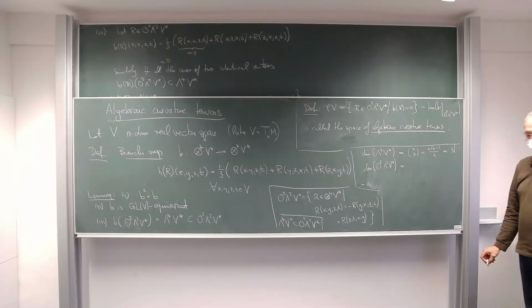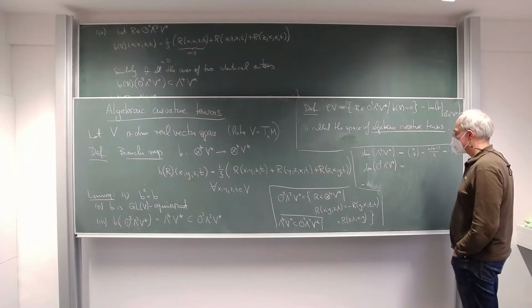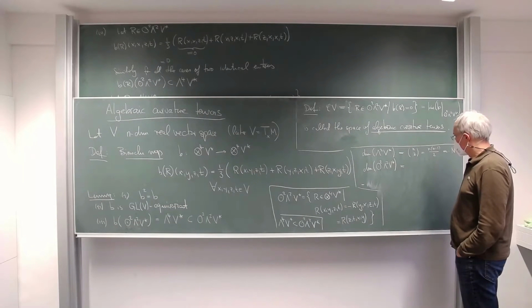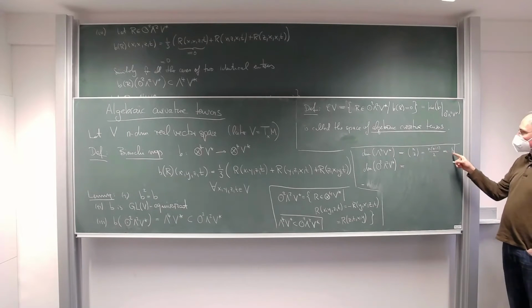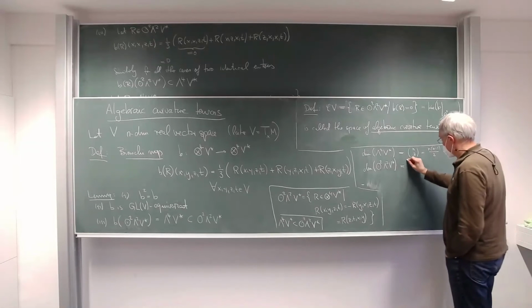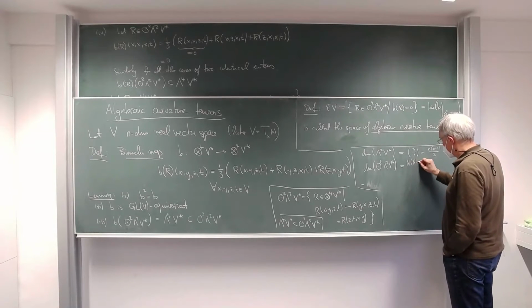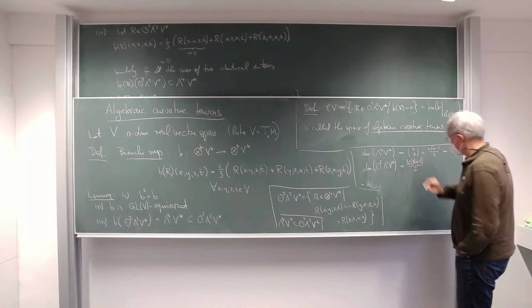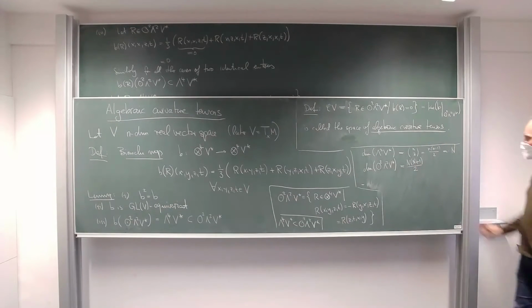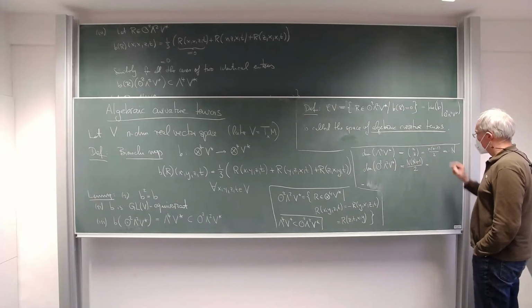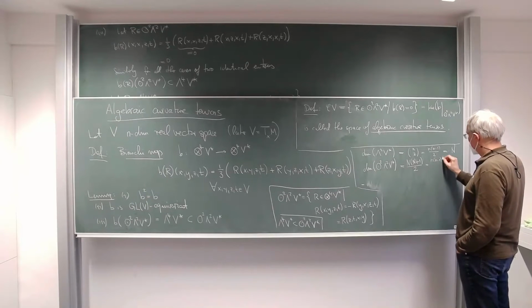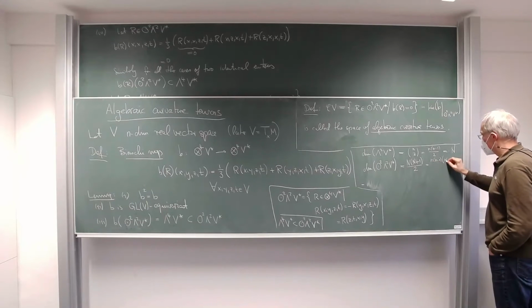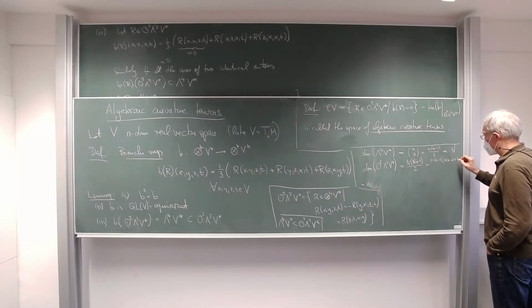Like the symmetric tensors of an n-dimensional space, it has to be N times (N plus 1) over 2, like this one except with the plus, and we have to take the capital N. Exactly. So this is N times (N plus 1) over 2. Now we insert this value of capital N into it. Then we have n times (n minus 1), times (n times (n minus 1) over 2 plus 1).